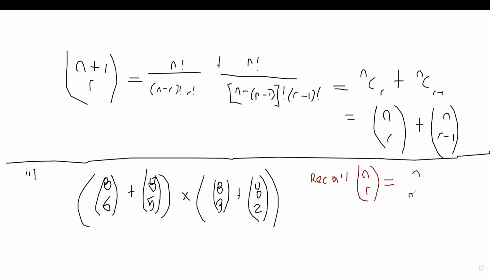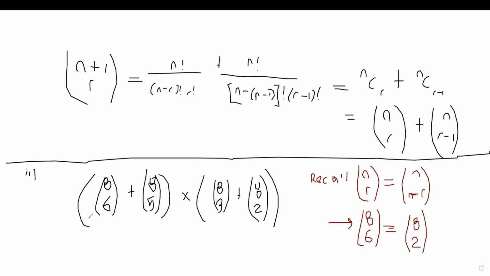So just make up a number for n. Let's say n is 8 and r is 6. If you put n as 8 and r as 6, you end up with 8 choose 6, which equals 8 choose 2, because 8 minus 6 is 2.